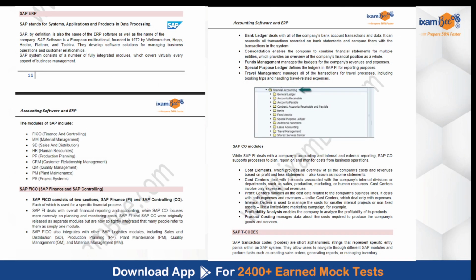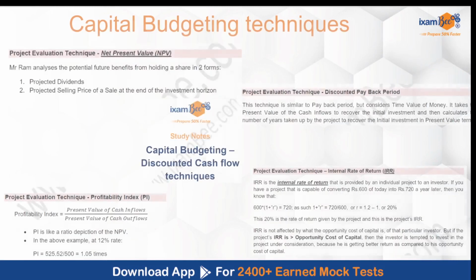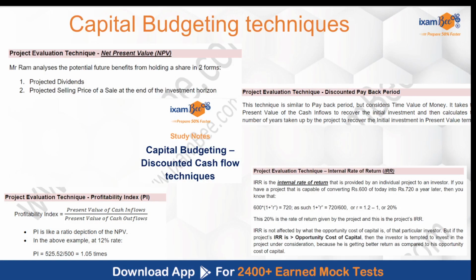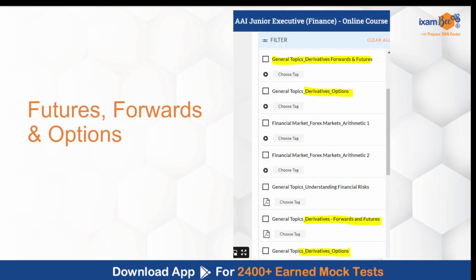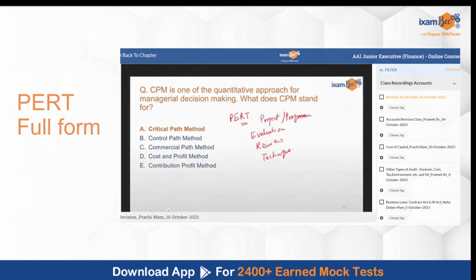Moving ahead, there were other questions from other areas of finance, like a question on the capital budgeting technique. The definition was given to you and you had to identify which technique it was. There was a question related to derivatives, which is the futures, forwards and options topic. Again, a definition was given and you had to identify which kind of derivative instrument it is.